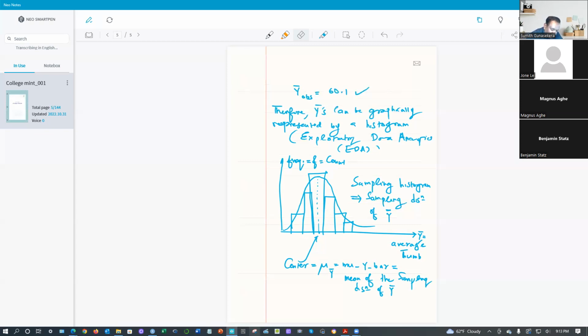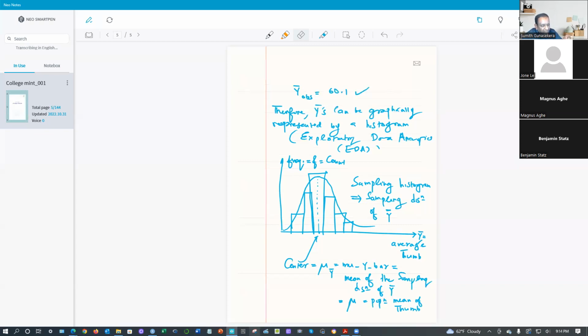Then look at what we're gonna do. This is nothing but the population mean. Look at what I wrote: population mean of thumb length. Same thing, population mean.